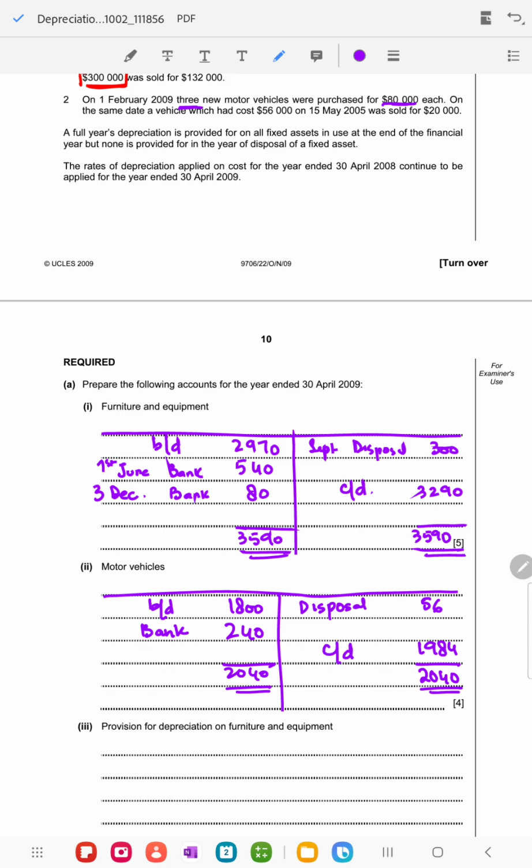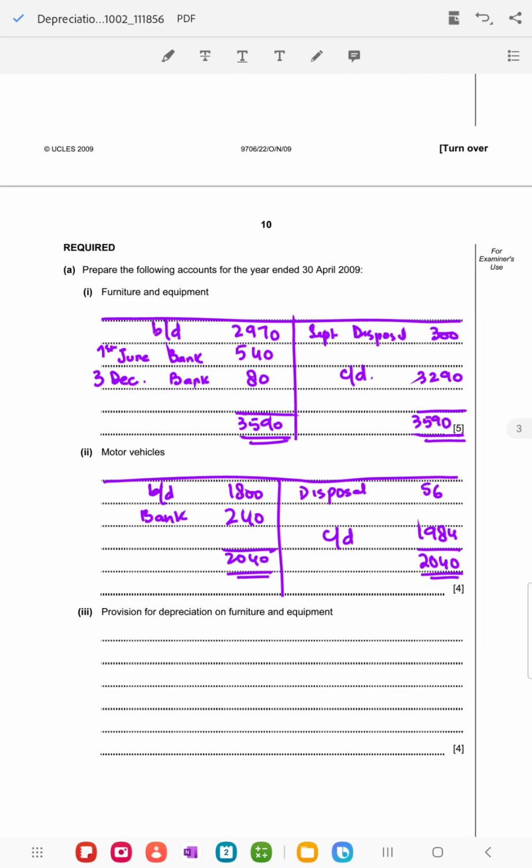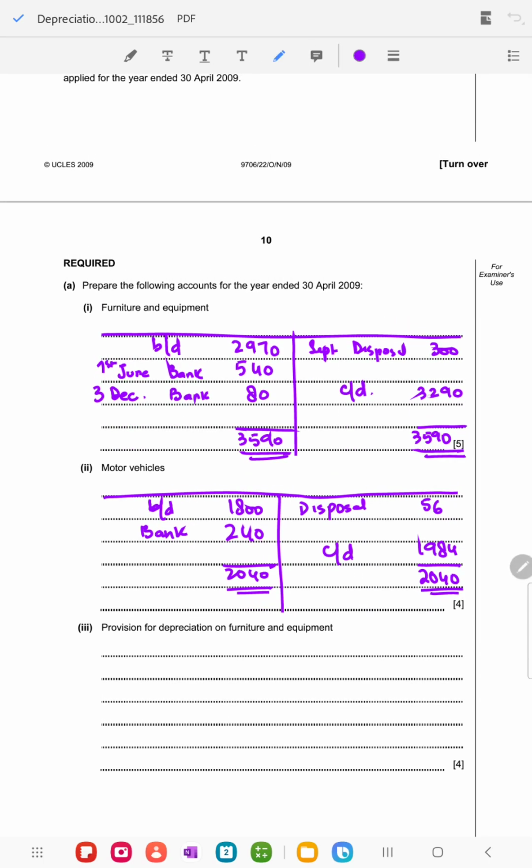Let's move to the depreciation part now. First, let's read the depreciation policy. It says that a full year depreciation is provided for all fixed assets in use at the end of the financial statement. That basically means that the depreciation is applied on the closing figure.